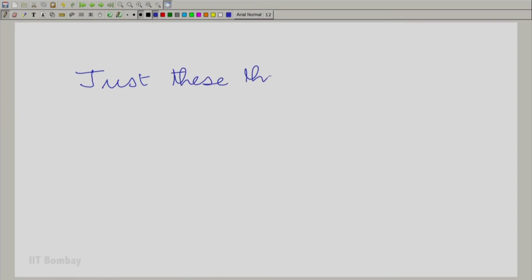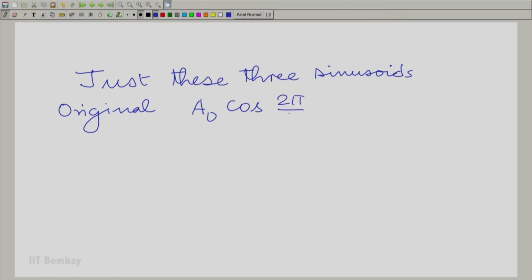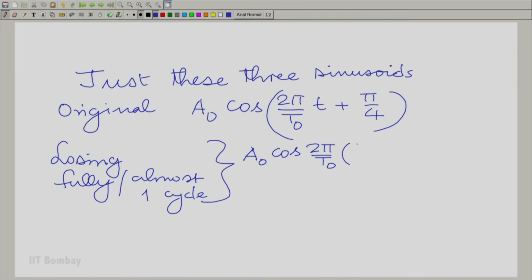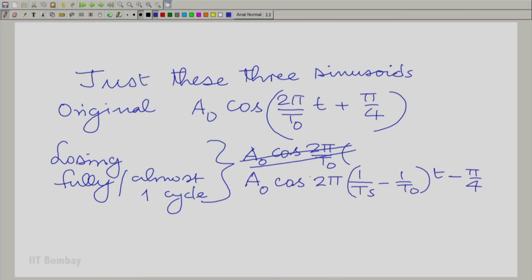Now, let us write down just these 3 sine waves for our reference. The original one, A naught cos 2 pi by T naught times t plus pi by 4, losing one cycle or almost one cycle. Now, here we can now write this in terms of Ts. So, instead of writing it like this, let us write it with a Ts there.